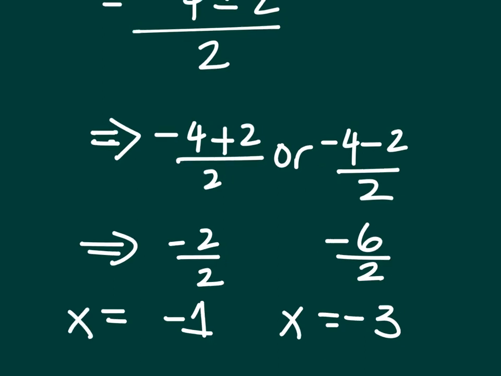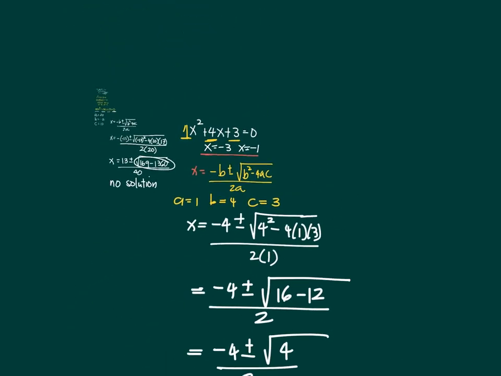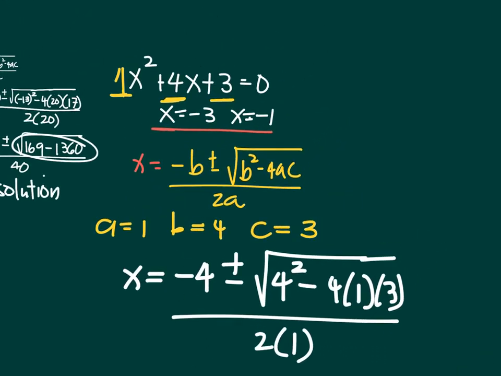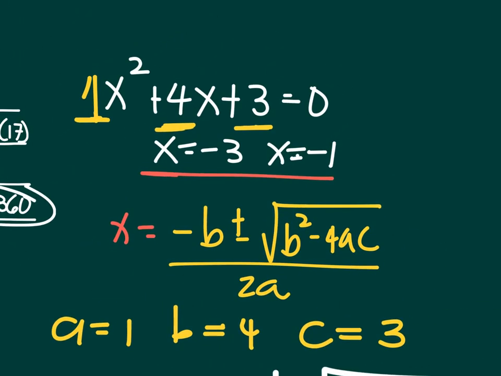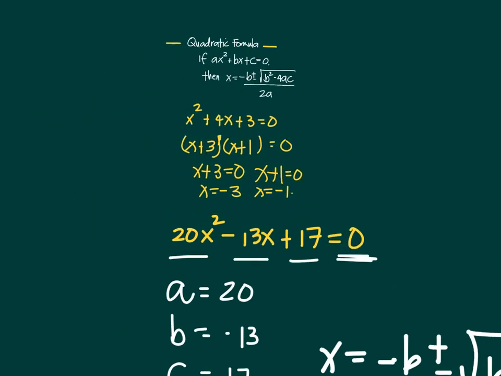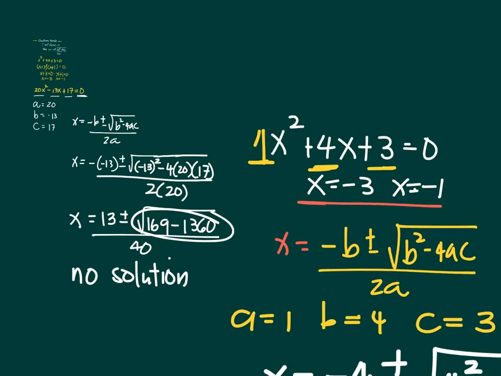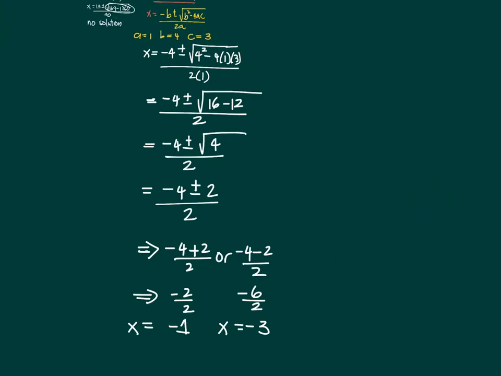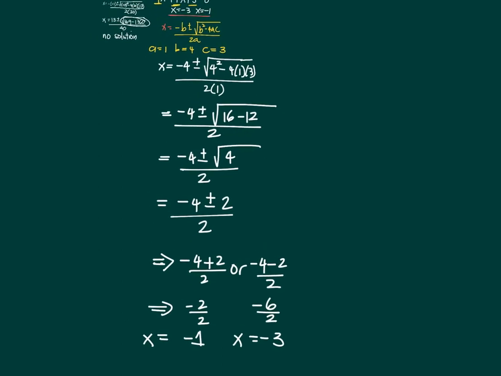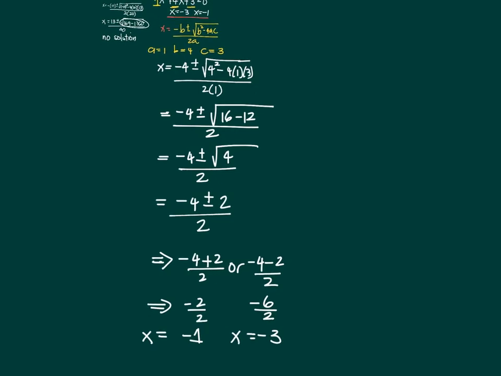So as you can see, we have shown that the solutions are really x equals negative 3 and x equals negative 1. We solved those solutions through factoring, and we have shown as well how to get them using the quadratic formula. Again, if you can factor the expression, factor it, that will be easy.